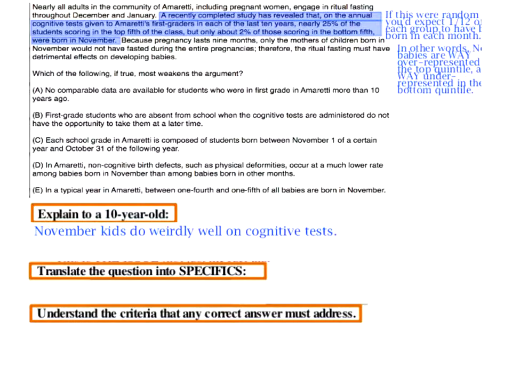For the 10-year-old, you don't need the percentages. You just need, like, these kids are really acing the test more than kids born in other months. How weird. That's kind of strange. So the question is, we want to know why. And then what they say is that that's the month, because the fasting is in November and in December and January. So basically the November kids are the only kids whose moms didn't fast while they were pregnant with them.